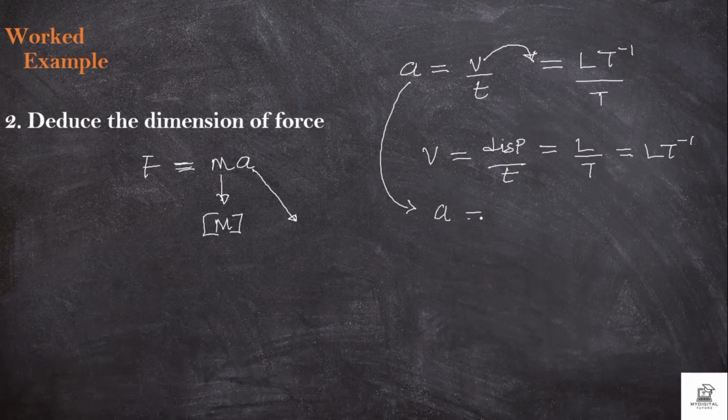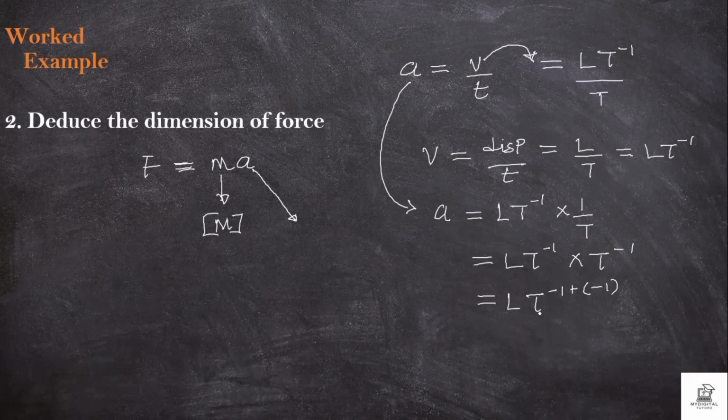Now, let's bring it down here. So A now is equal to this, I can write it to be LT minus 1 multiplied by 1 all over T. So we all agree that when I have 1 over T, I can rewrite it to be T raised to power minus 1. So that implies that LT minus 1 plus open bracket minus 1.